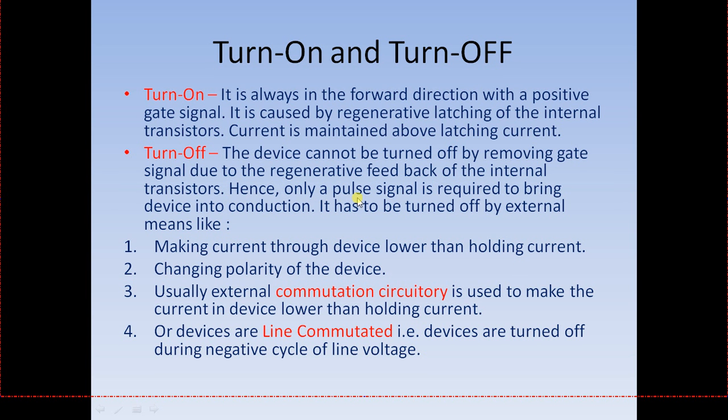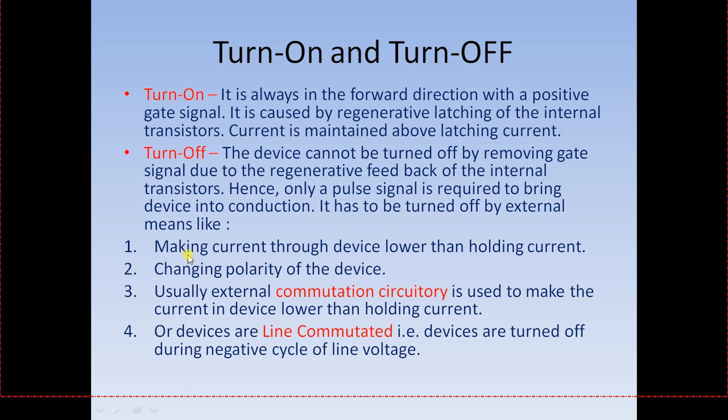Hence, only a pulse signal is required to bring the device into conduction. It has to be turned off by external means. Now, if we have to turn off the thyristor, we can do it in a couple of different ways.